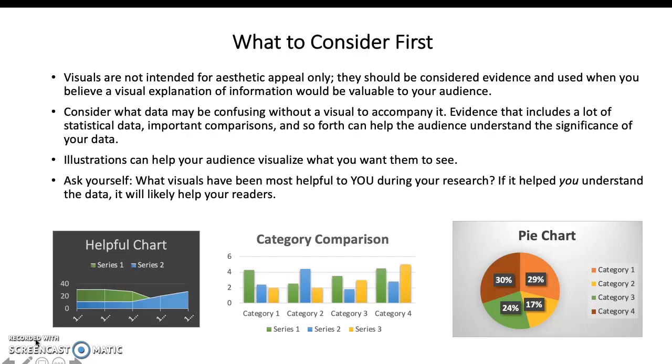But essentially, the best way to choose what visual you want to include is to think about when you were doing research, when you were looking through these articles, which visuals, which images were most helpful for you, which helped you understand the data better. If it was helpful to you, there's a really good chance that whoever your chosen audience is, it will be helpful for them as well.